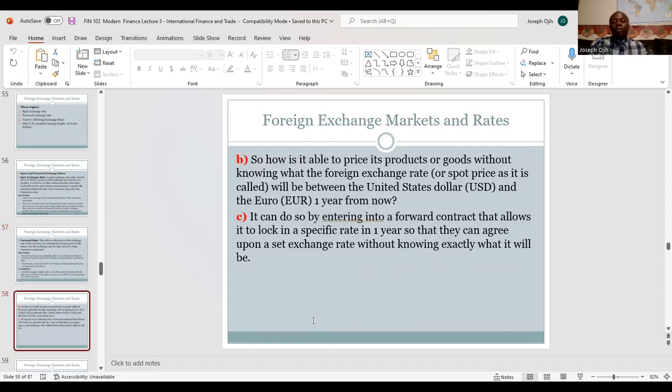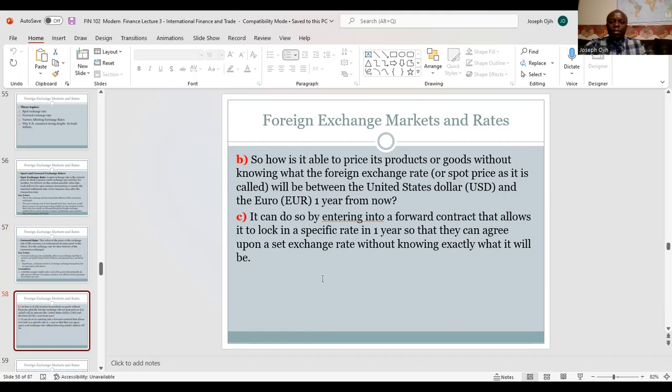How will that British company price its products or goods without knowing what the exchange rate will be 1 year from now, especially the exchange rate for the US dollar? In that case, they can enter into a forward contract. That forward contract will allow that British business to lock in a specific rate 1 year from now. It's a form of agreement.